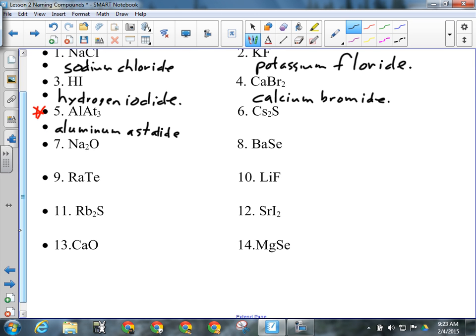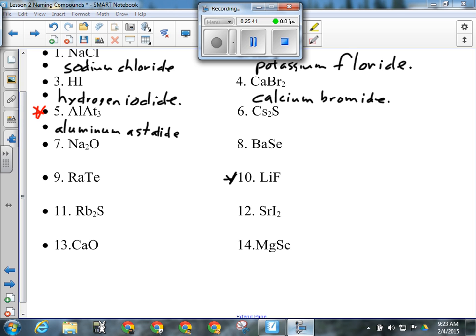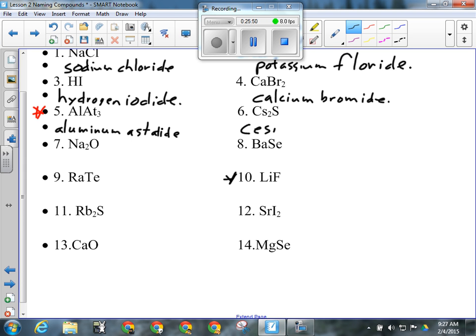Give you a couple more minutes to try 6 to 10 there. So for number 6, I've got cesium and I've got sulfur. So this is going to be cesium sulfide. For number 7, I've got sodium and oxygen. So this is going to be sodium oxide.